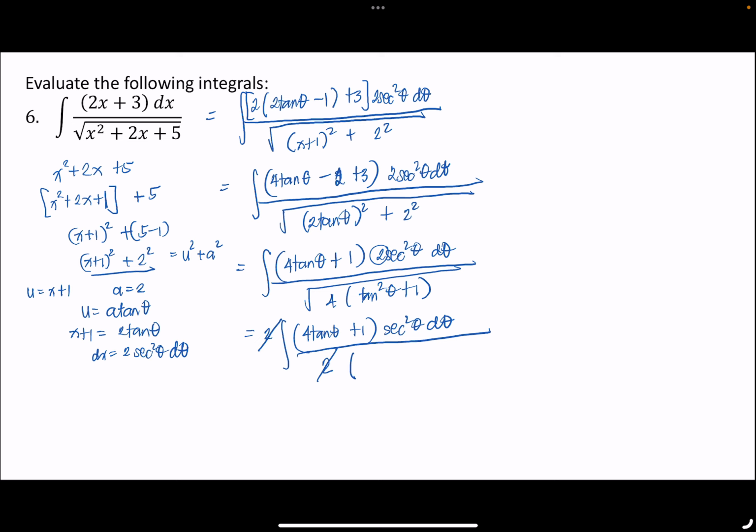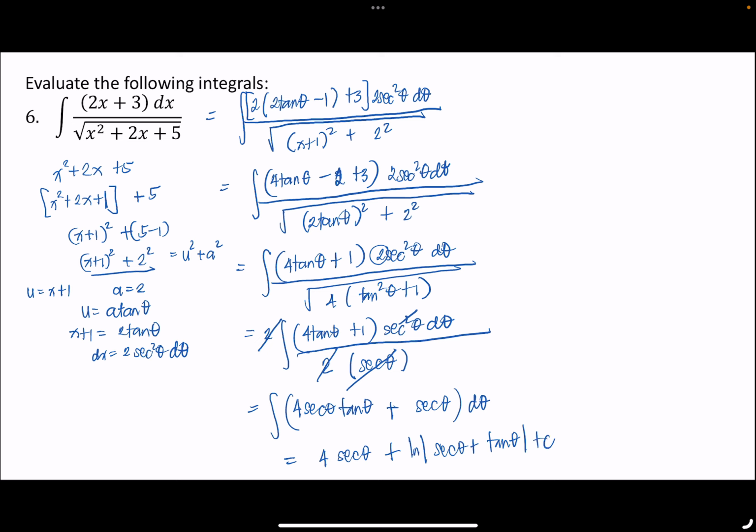And tangent squared theta plus 1 is secant squared theta, whose square root is secant theta, so we can cancel out one of these. So we have the integral of 4 secant theta tangent theta plus secant theta d theta. That would be 4 secant theta plus ln of secant theta plus tangent theta plus c.